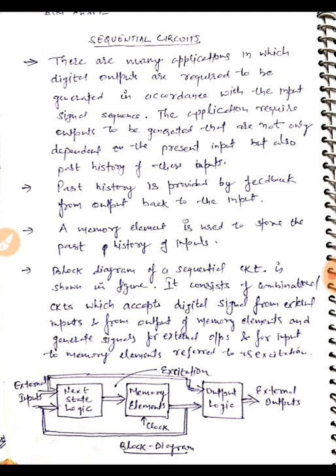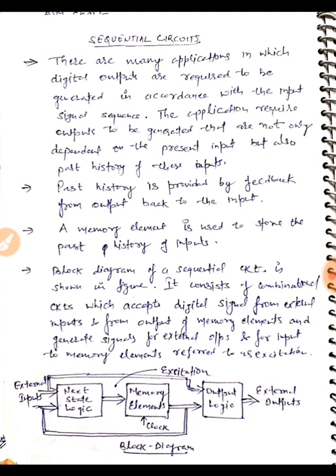So what is the difference between a sequential circuit and a combinational circuit? In sequential circuits, or in many applications, we need digital outputs that change in accordance with the input signal as well as the past history of input signals.